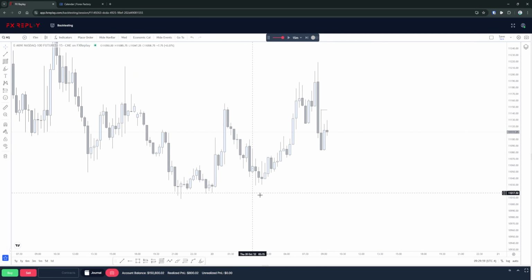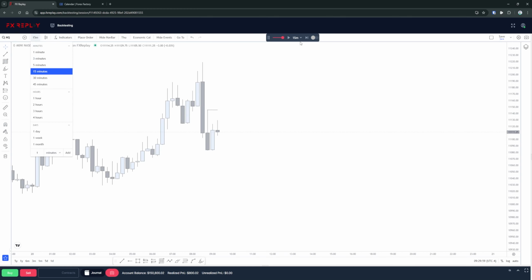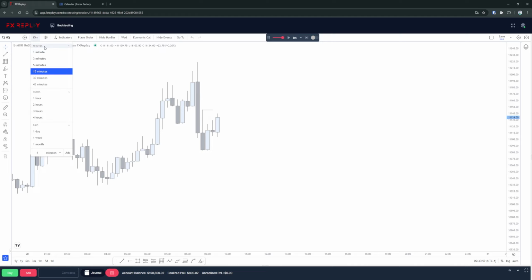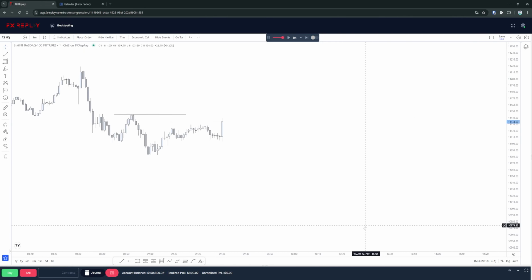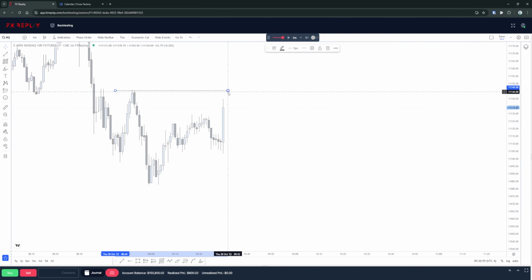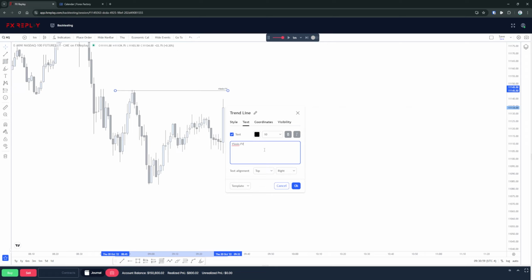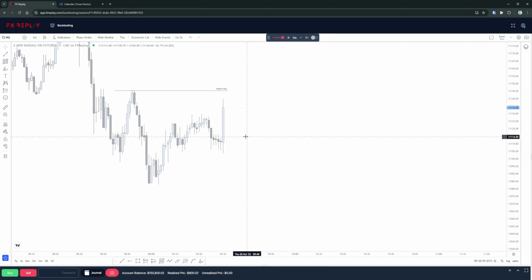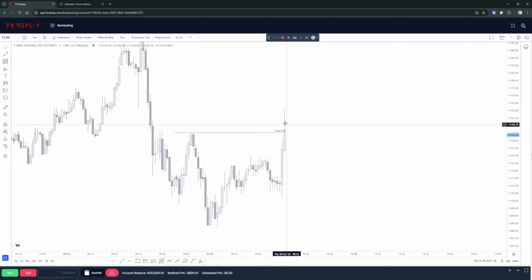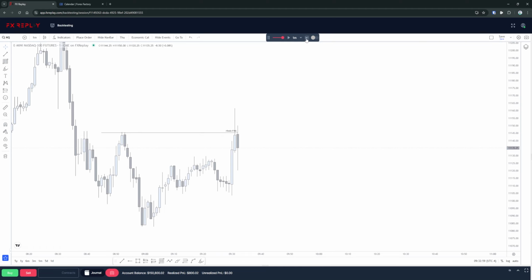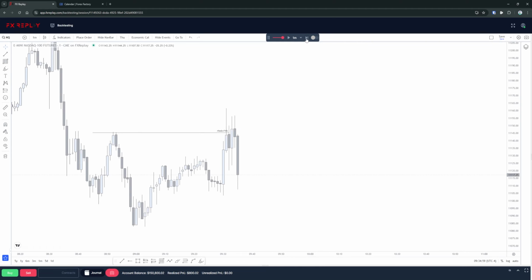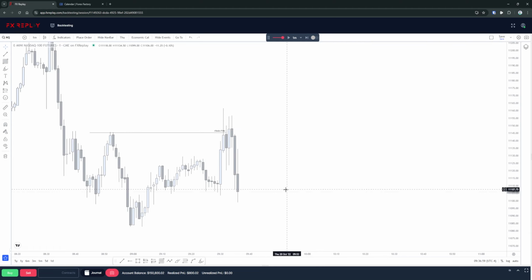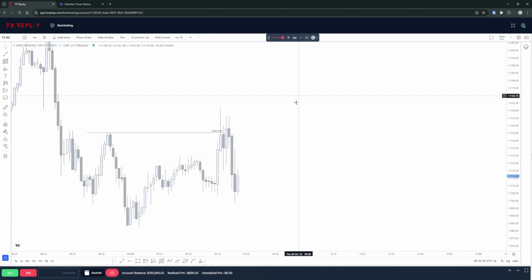I think New York will just dump as soon as the open happens. Maybe not. So this is our 15-minute FVG. We've now tapped into that 15-minute FVG. We need to wait for the next candle.